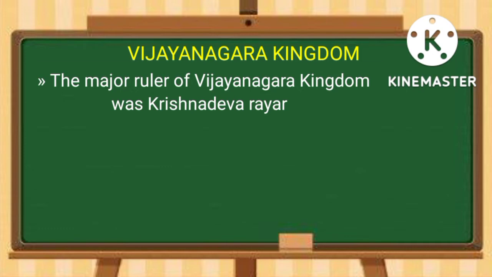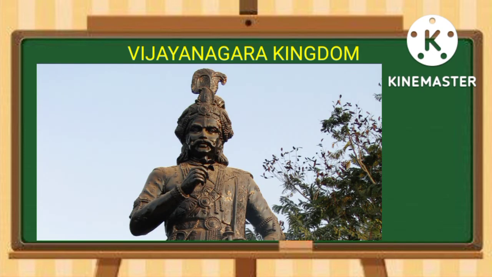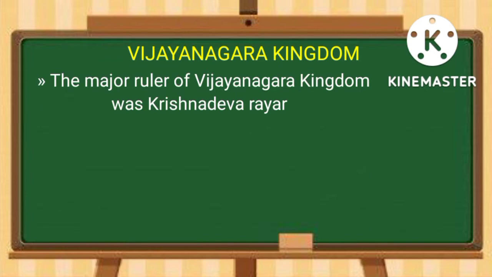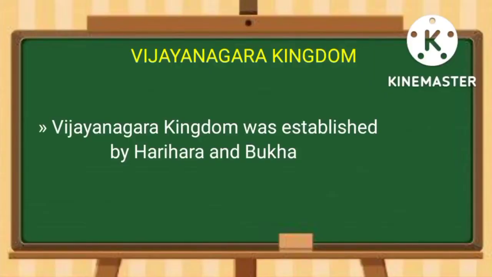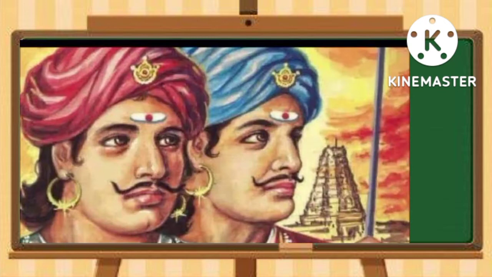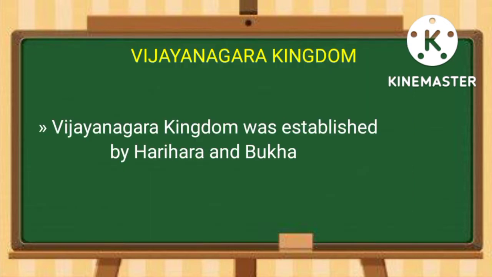I'll repeat the name, Krishnadevaraya. I know that you have heard this name in stories and other things. The Vijayanagara kingdom was established by Harihara and Bukka; Harihara and Bukka are the establishers of the Vijayanagara kingdom.